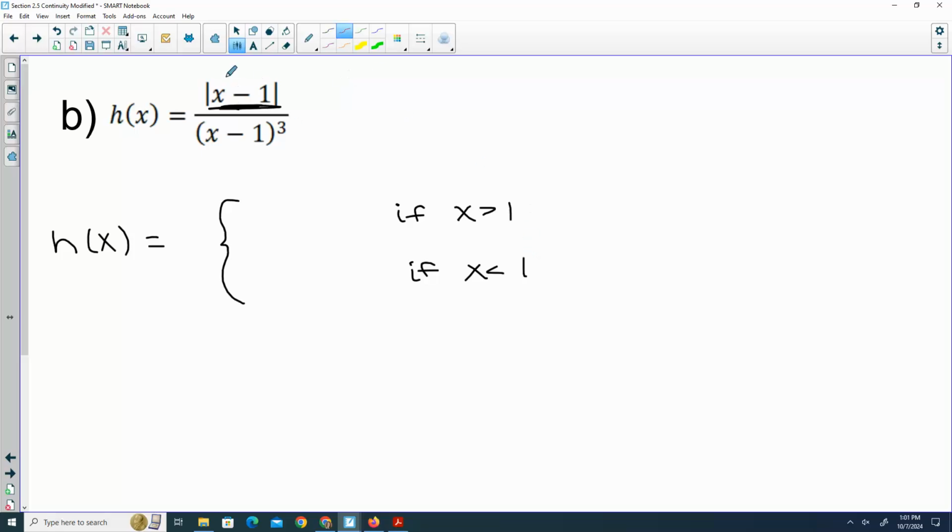So if x is greater than 1, if you put in a number bigger than 1, it's positive. So does the absolute value change it? No. So you get x minus 1 over x minus 1 cubed. You cancel out, you get 1 over x minus 1 squared.